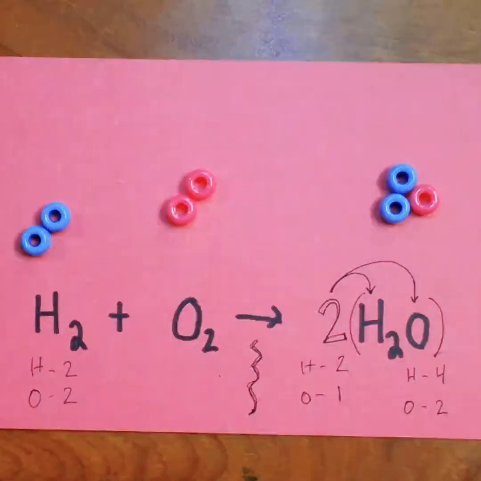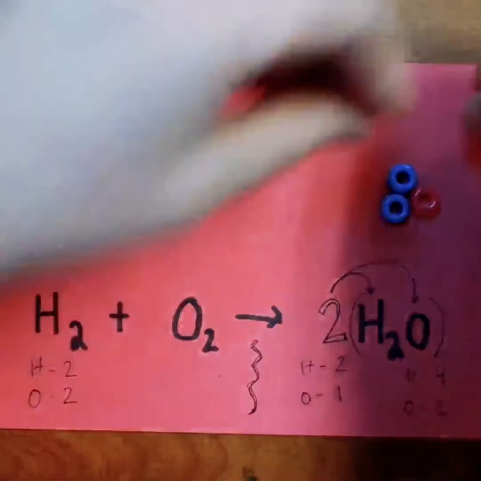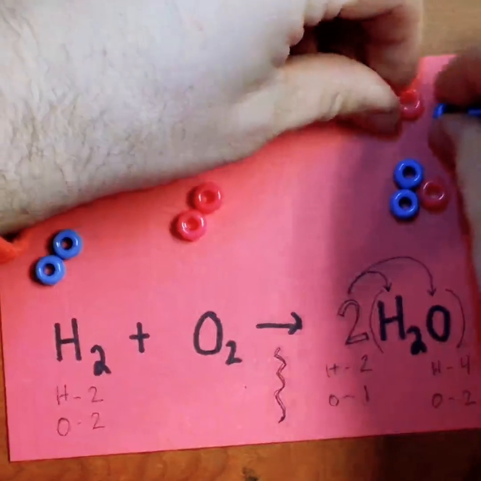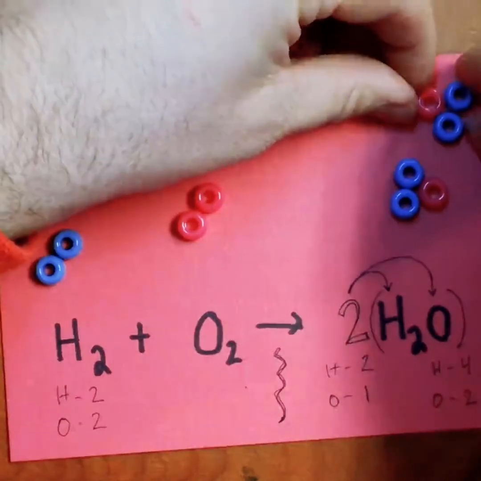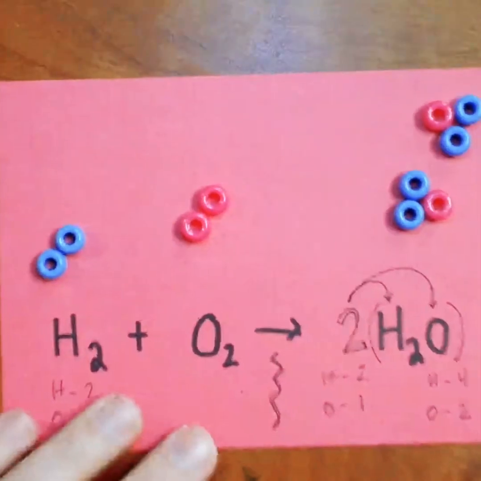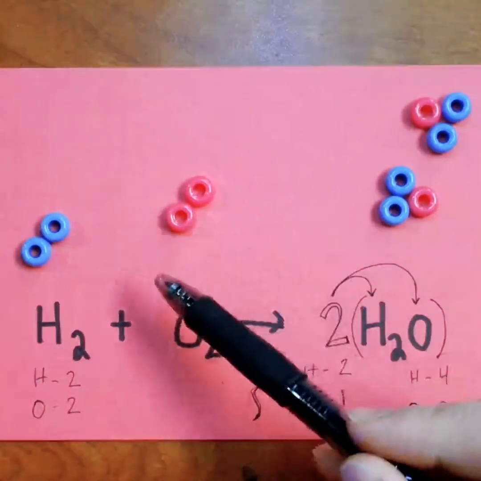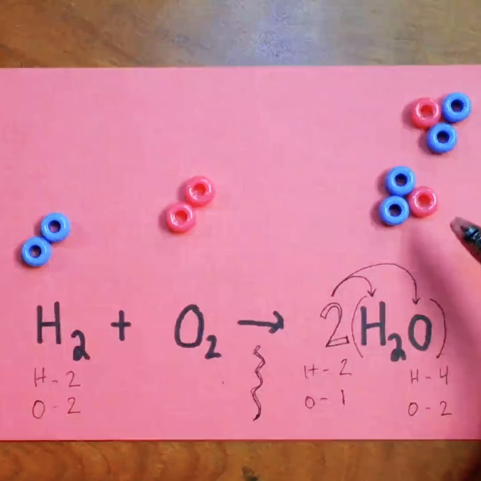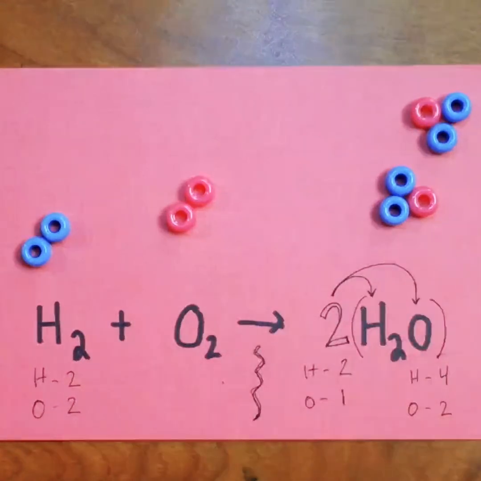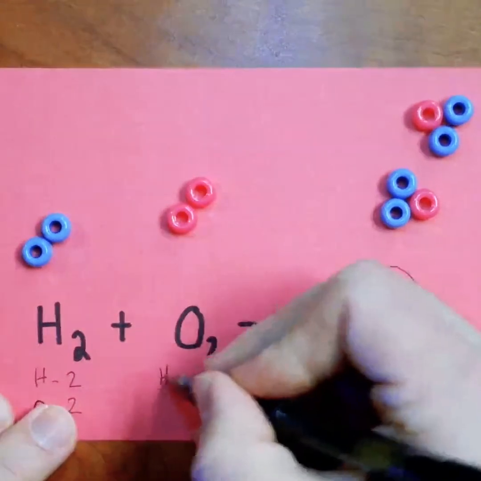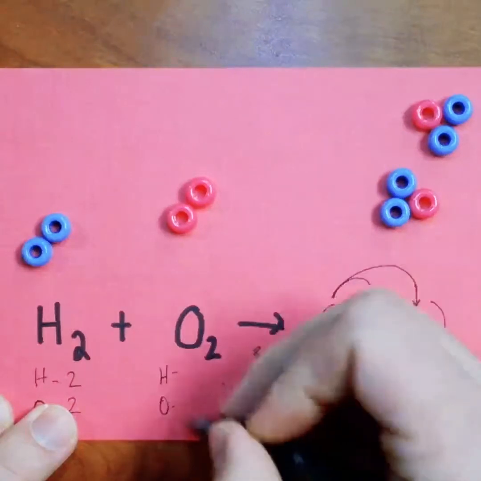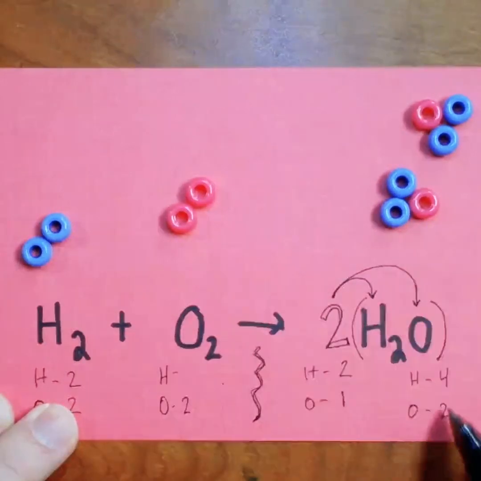I'm going to represent this by adding a group of beads. So again, you can't change the number of atoms of either the molecules, but you can add more groups. And that's just called adding a coefficient. So we have 2 groups of water. So our pinks are happy. So we have 2 oxygen, 2 oxygen.